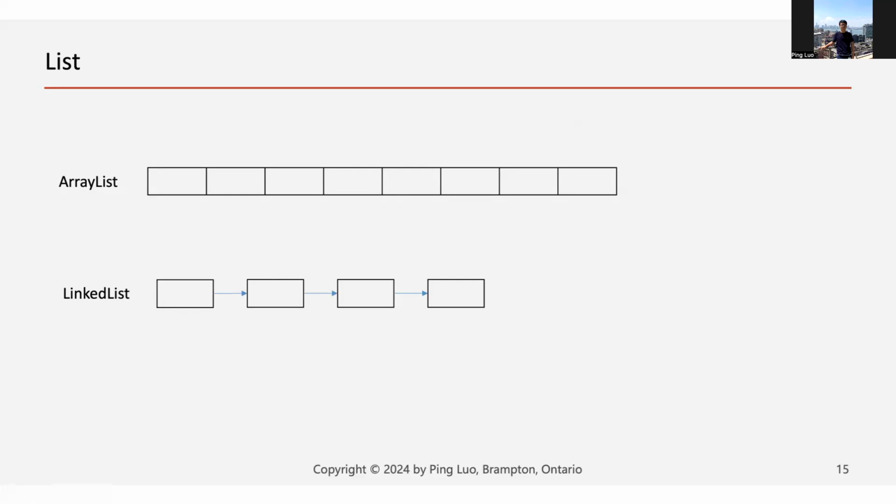But for a linked list, I just get some random memory from the computer, and each cell is linked to another by a pointer. If I have an additional 100 numbers, I just create 100 new cells and link this one with the new one, and everything is connected to each other.